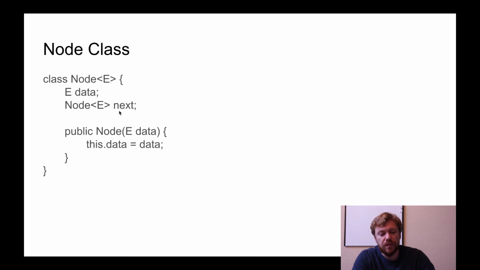And you'll notice that we also have a next variable, and its type is Node<E>, using the same generic type E. So this is the same type as the class that we immediately reside in. Why is that? Well, next will point to or reference another node of the exact same type. And then this right here is just a constructor initializing the data.